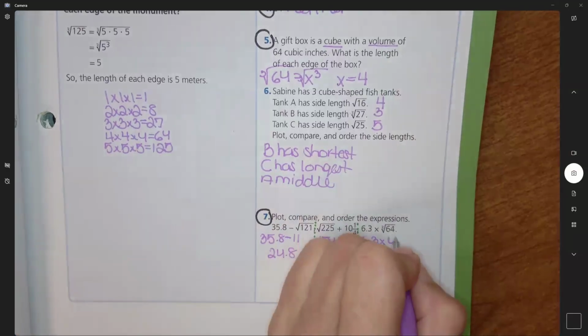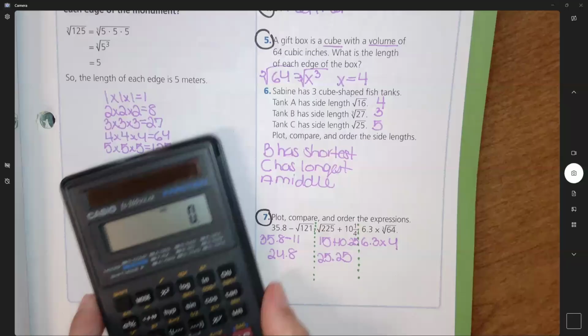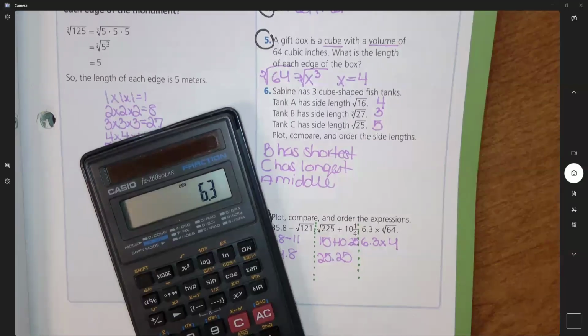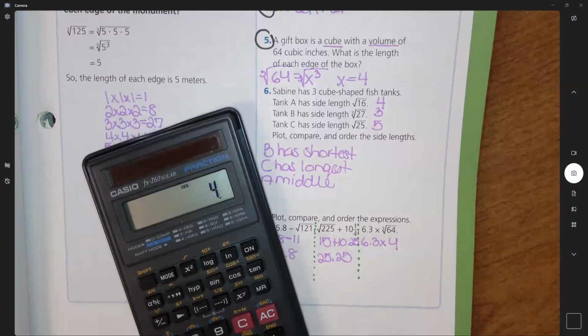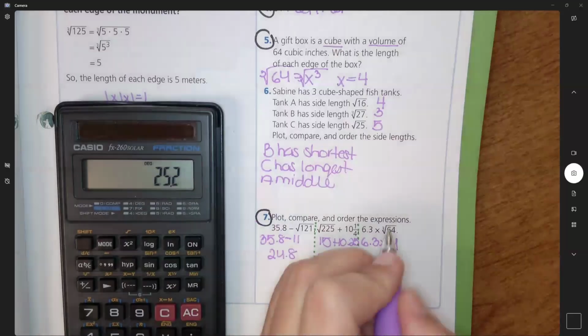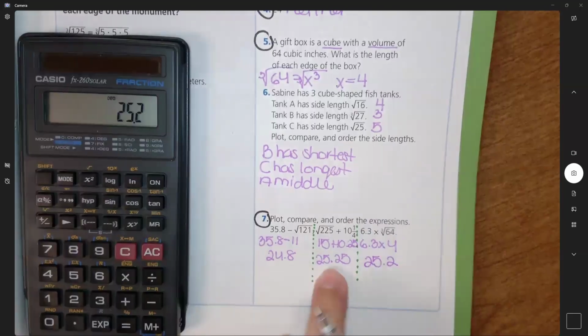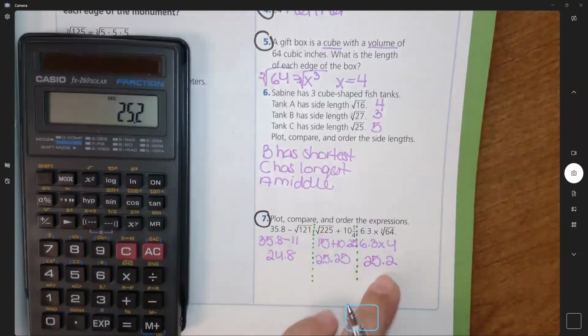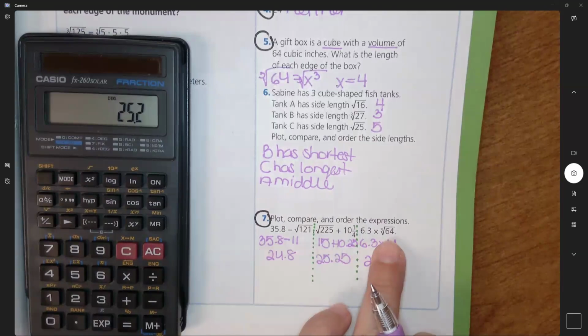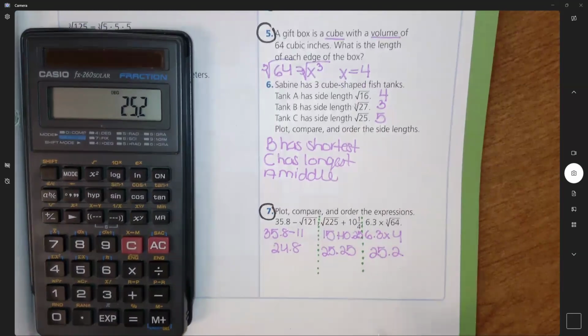It is 4. So now we can go back to our calculator and say 6.3 times 4 equals 25.2.